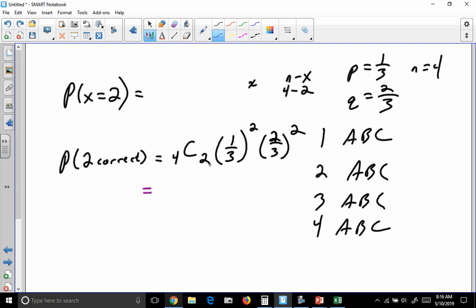All right, well, let's do this calculation. So if we're calculating the number of combinations, it's our first number factorial over the second number factorial times their difference factorial.